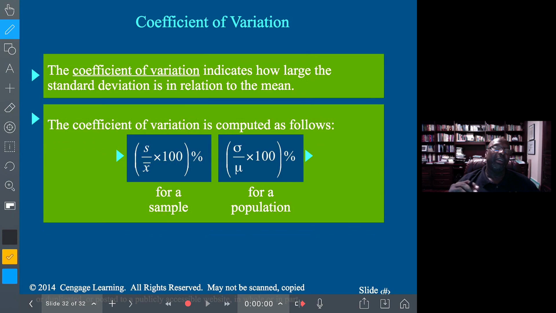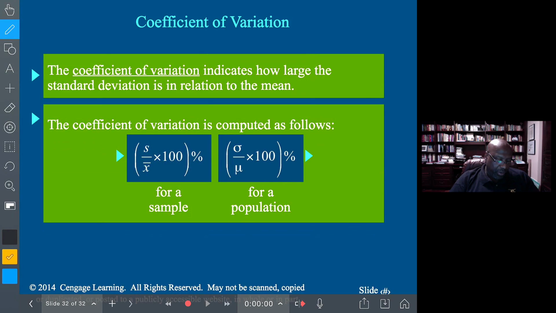So the 5,000 over 10 was a 50% yield. But the 15,000 over 50 was a 30% yield. So while the 15,000 appeared to be more than the 5,000, the reality is that the 5,000 over the 10,000 was a better return on your investment. So that's why it's always good to represent the variability as a fraction of the mean.